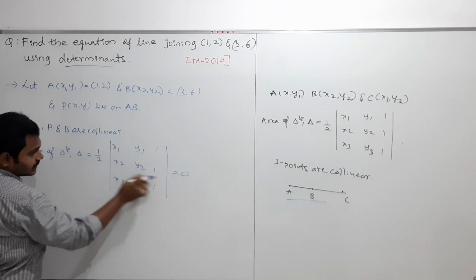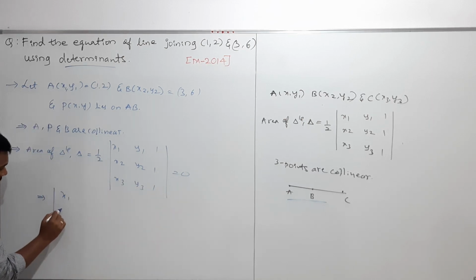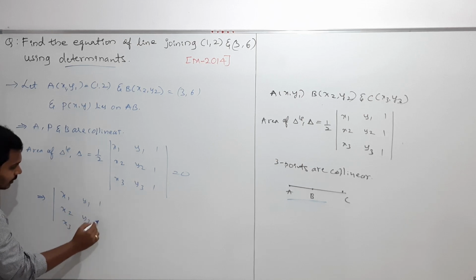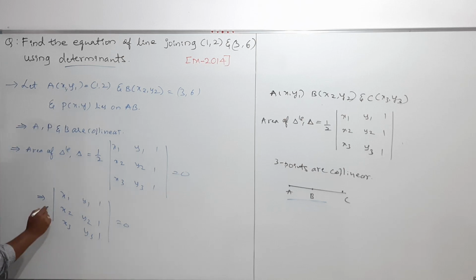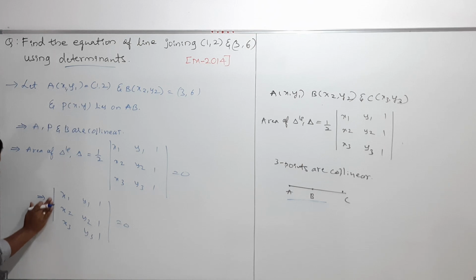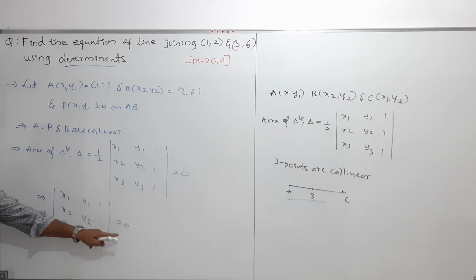So this implies half times the determinant of x1, x2, x3, y1, y2, y3, 1, 1, 1 is equal to 0. You can write the half here if you want. This half, this 2, if I shift that side, goes to the numerator, so 2 into 0 is equal to 0. So I am erasing this one. Therefore, if any 3 points are collinear, then this condition holds: the determinant of x1, x2, x3, y1, y2, y3, 1, 1, 1 is equal to 0.